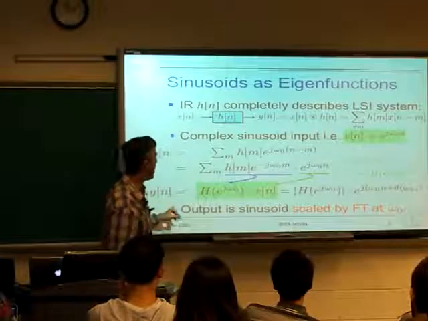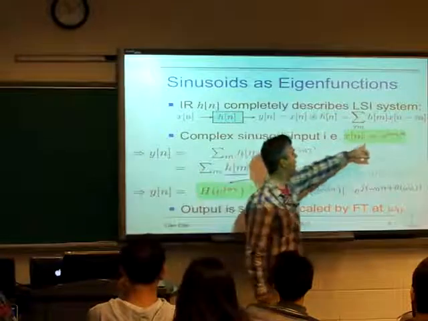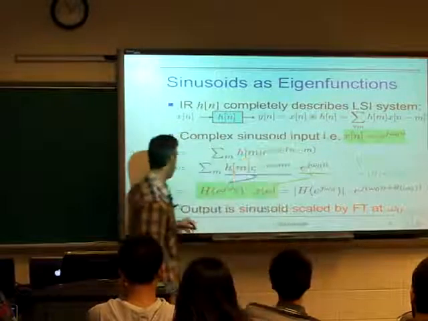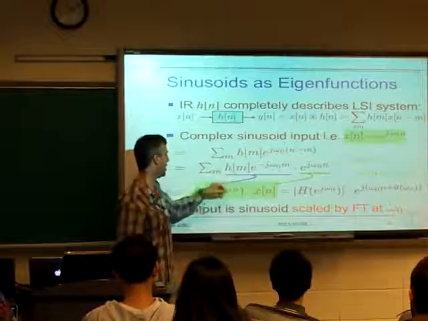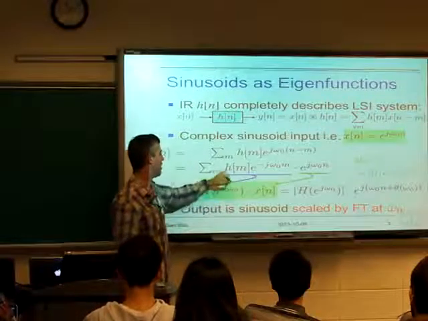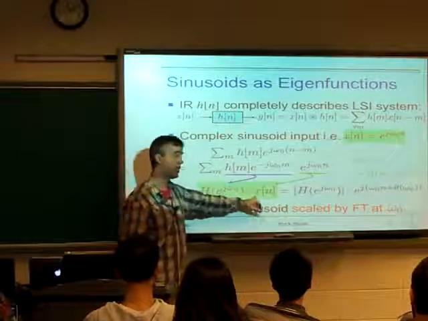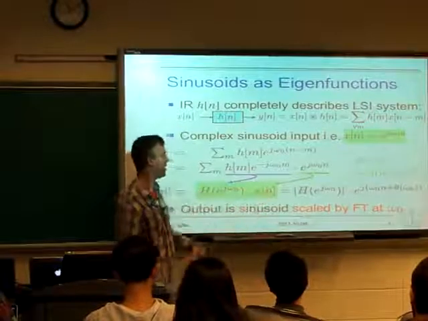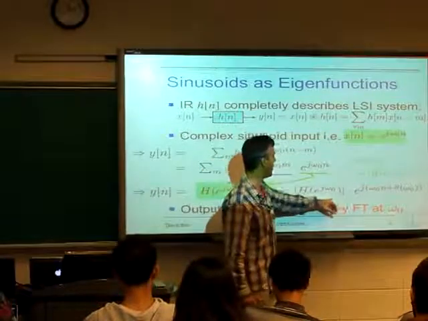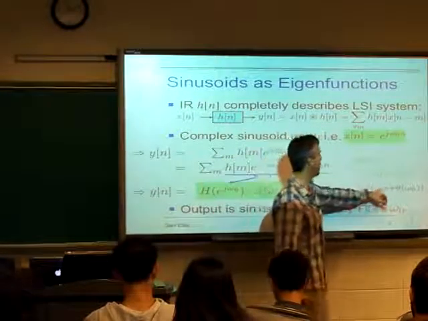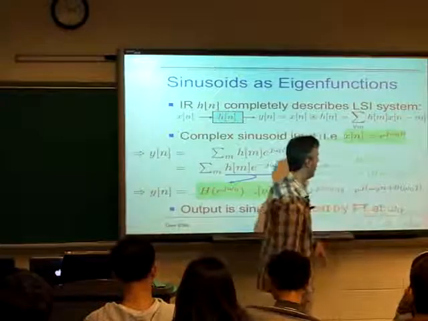And so we're saying when x of n is a sinusoid at some specific frequency, the output y of n is just the value of the DTFT of the impulse response at that frequency times the input, which was the original sinusoid. So we can write it like this. It's the magnitude of H of e to the j omega times e to the j (omega n plus phase of H of e to the j omega).